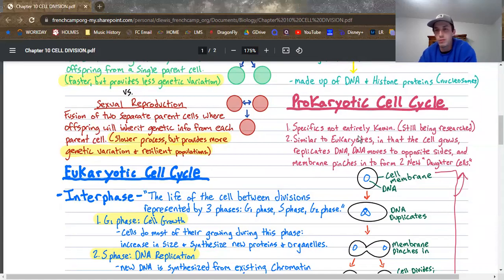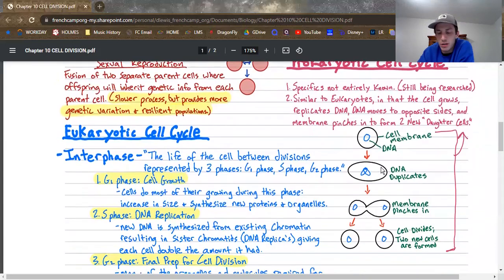That's how it'll help it to evolve. That's how viruses mutate or bacteria mutate and things. And so we'll look more at that later. But what we're going to look at is this process here.